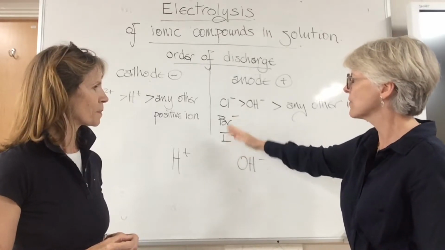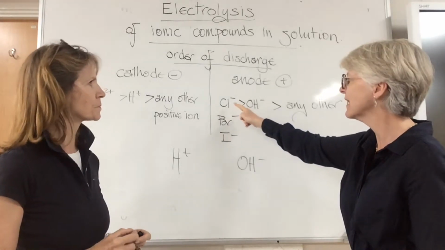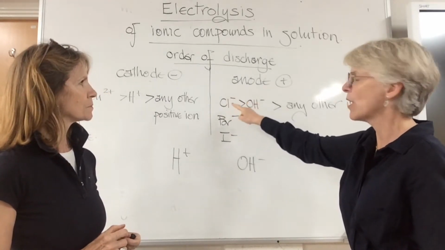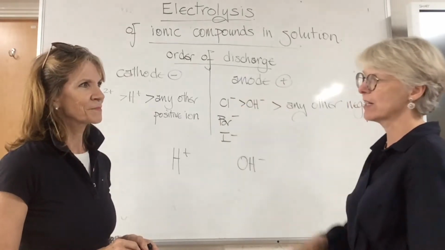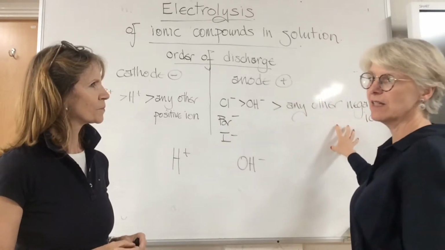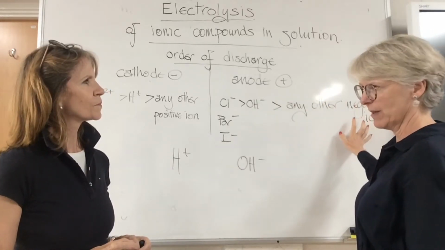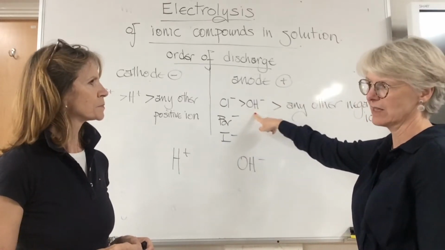And of those, the one you're going to encounter most often is Cl-, the chloride ion. Now, if chloride ions are present, they will be discharged before the hydroxide. After that, the other one you might come across is a sulfate ion, and you don't need to worry about that. That will not be discharged. The hydroxide ion would get discharged in preference.